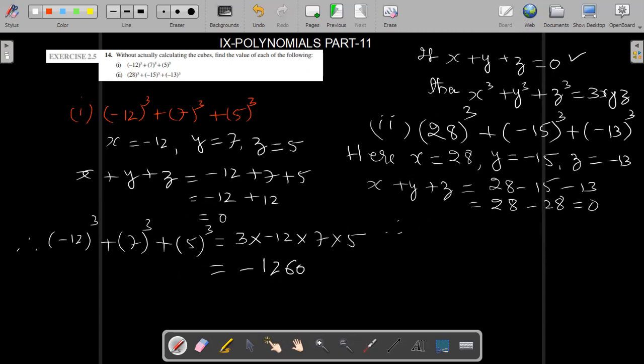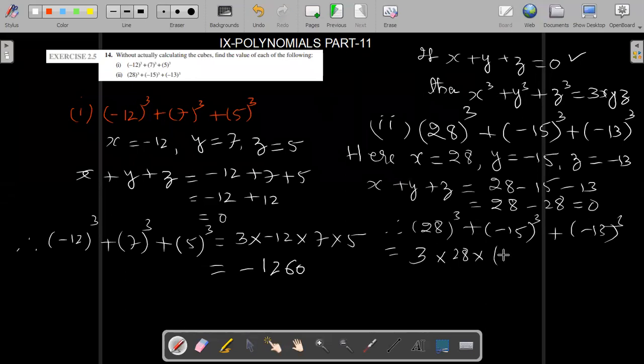So therefore here also we can find the value of 28 cube plus minus 15 cube plus minus 13 cube by using this formula: 3 into x, that is 28, into y, that is minus 15, into z, that is minus 13.